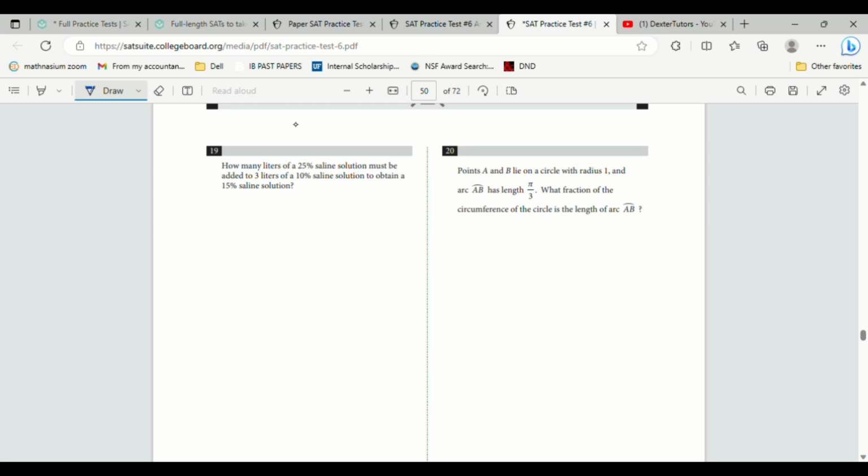So, as before, we write our percentages in decimal, so 0.25x plus 3 liters of a 10% plus a 0.10y, and now this is the tricky part, equals a 0.15 times x plus y, because x and y, the 25% saline solution and the 10% saline solution, are added together to get this concentration of 15%. So that's why we have to add the x and y.